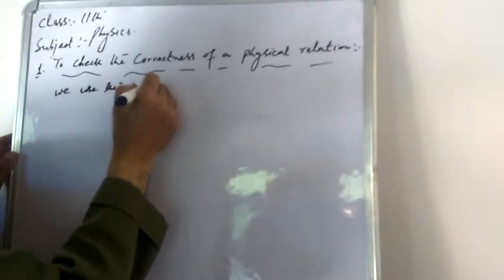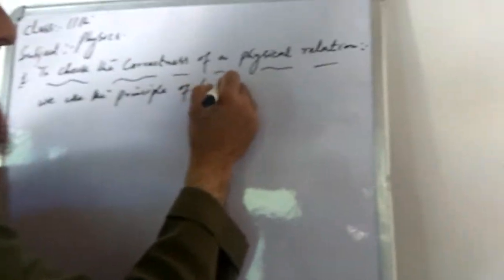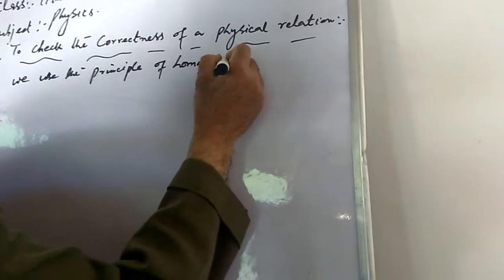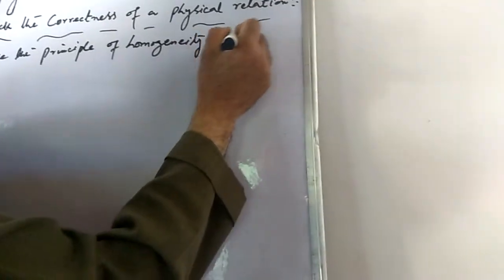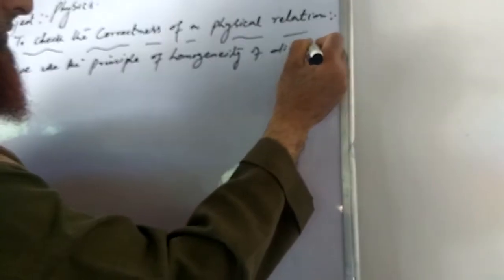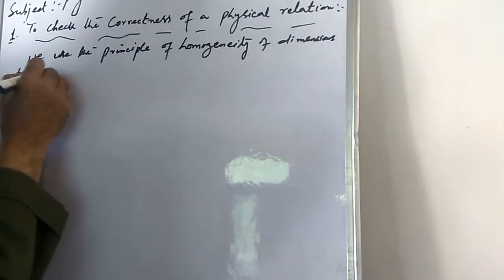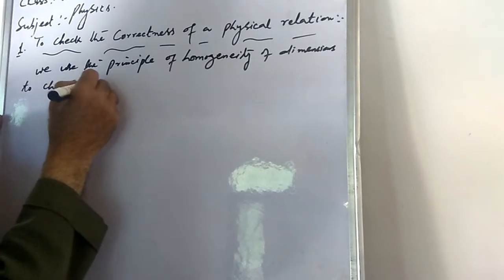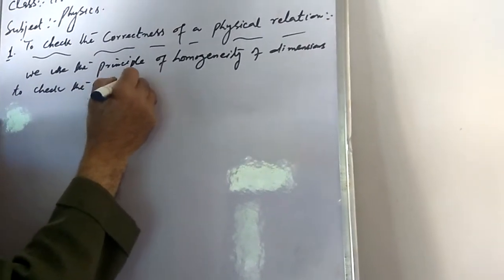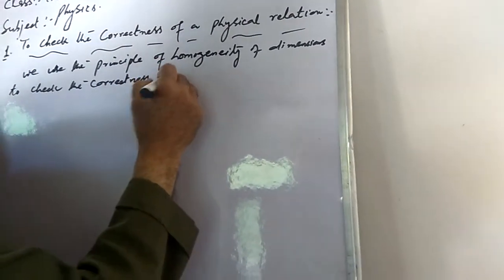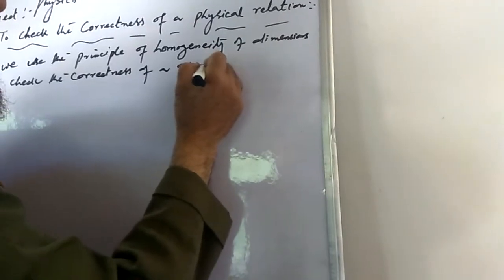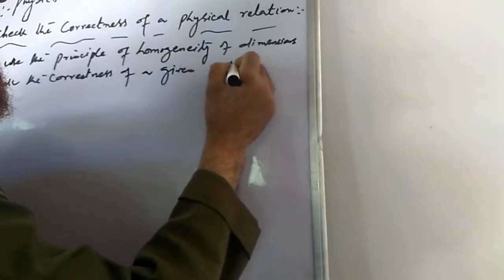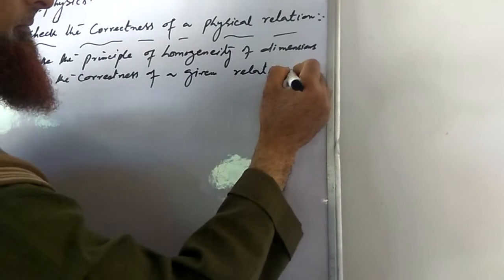the principle of homogeneity of dimensions to check the correctness of a given relation.